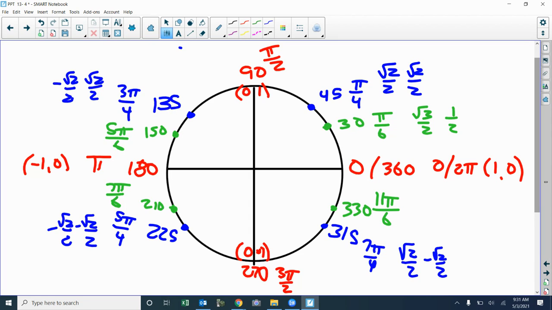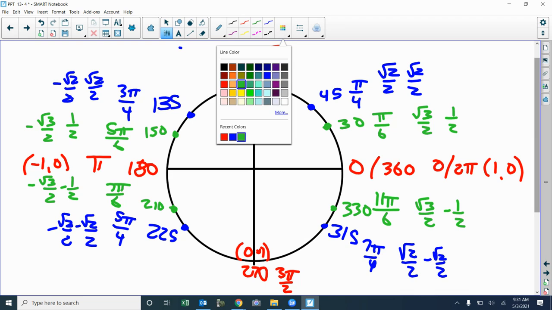The y part is the short half. Over here, we're looking at negative square root of 3 over 2, positive half. Here we're looking at negative square root of 3 over 2, negative half. And of course, over here is positive square root of 3 over 2 and negative half for your y value at 330.